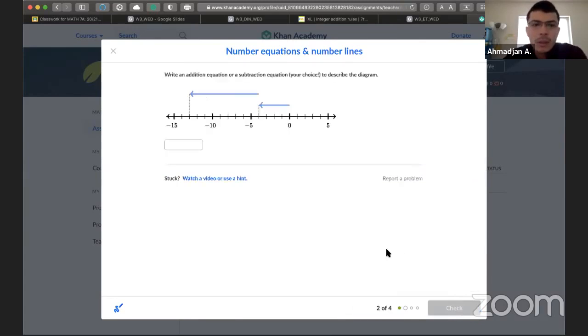And one more, it's a similar example. This time you need to put the whole equation by yourself. So tell me which arrow starts at 0, the bottom one, because this is the beginning of the arrow and this is the end of the arrow. This arrow starts at 0, how many blocks to the left? 1, 2, 3, 4.